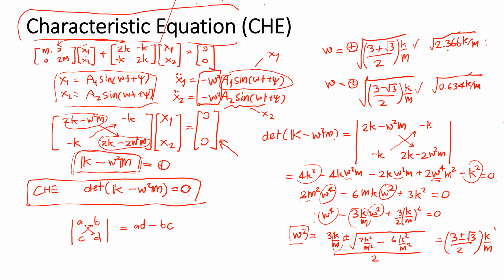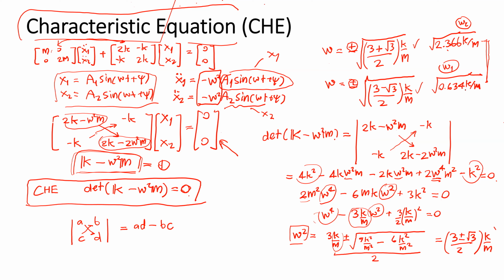Finally, we have 2 natural frequencies. The first one has the smaller value. The first mode of vibration, the first natural frequency, omega 1, and this is omega 2. The first one is smaller.